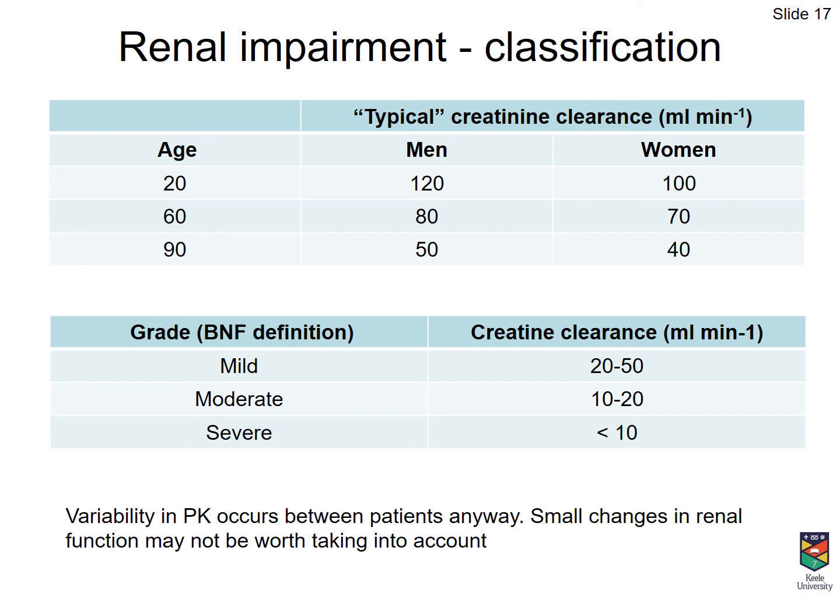But bear in mind that different patients show different levels of clearance anyway, and small changes in renal function might not be worth worrying about. It's certainly more important if you see a progressive decline in renal function over time, rather than one individual measurement showing a reduction in renal function.